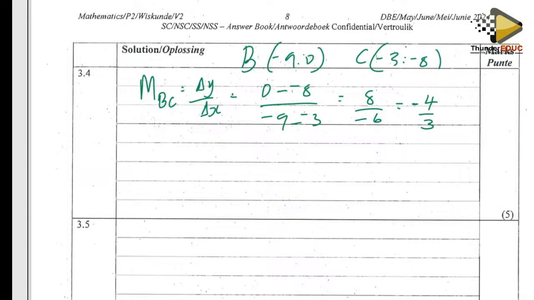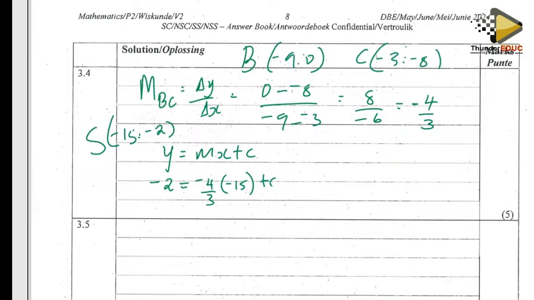Okay, so since I've obtained my gradient, we were given point S, which was (-15, -2). So substitute this into y is equal to mx plus c, we're looking for c. So negative 2 is equal to negative 4 over 3 multiplied by negative 15 plus c.